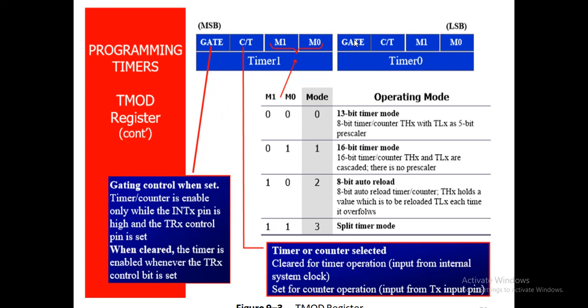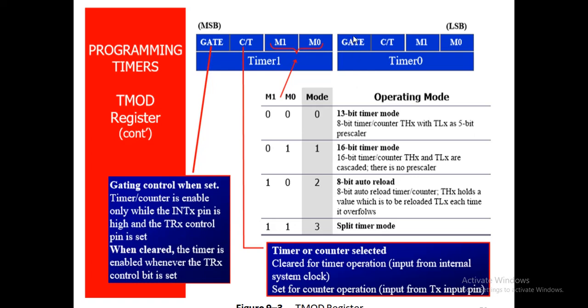The next comes the gate. This is also a very important bit, which we can configure through software, and through external hardware also. I will explain. If the gate bit is equal to 0, then there is no need to worry about the INTX pin. Once you make this gate bit 0, this timer and counter is going to be enabled. No need to worry about any external things.